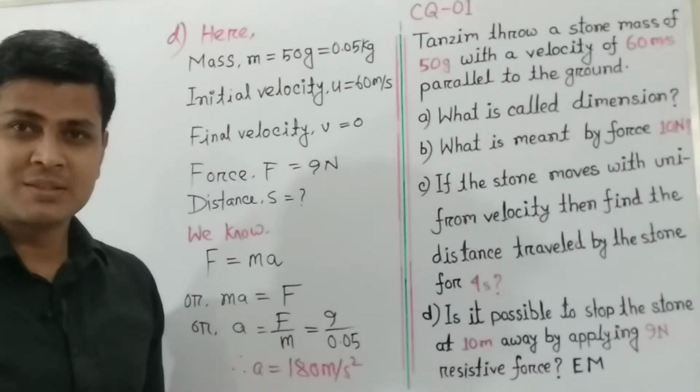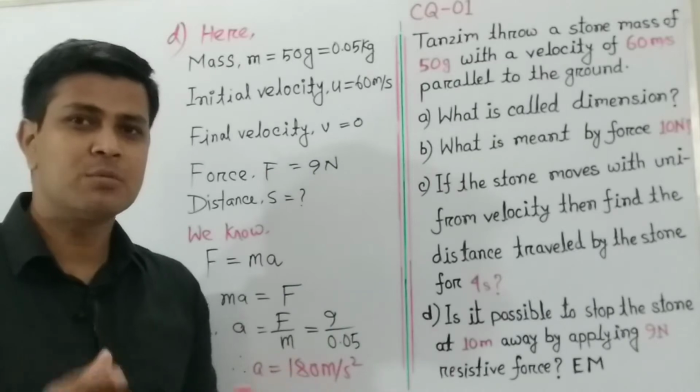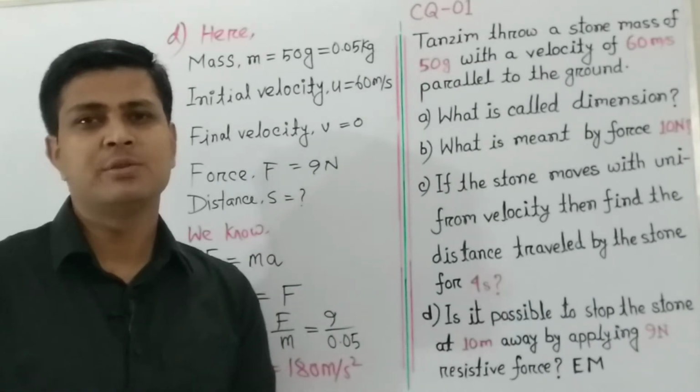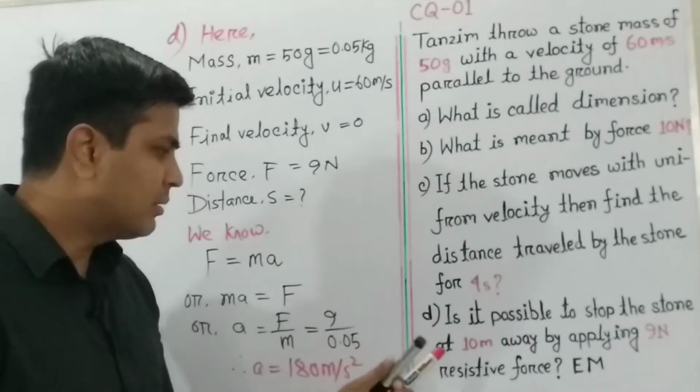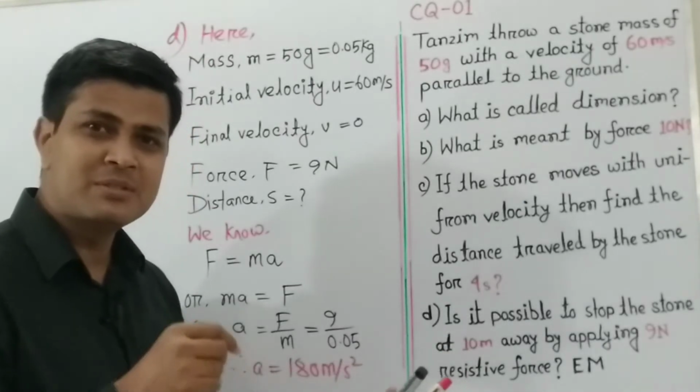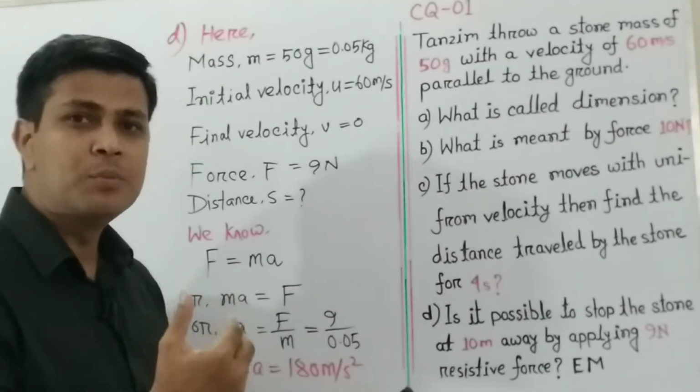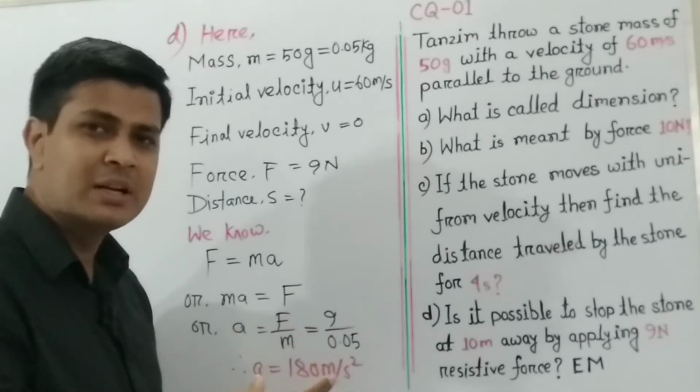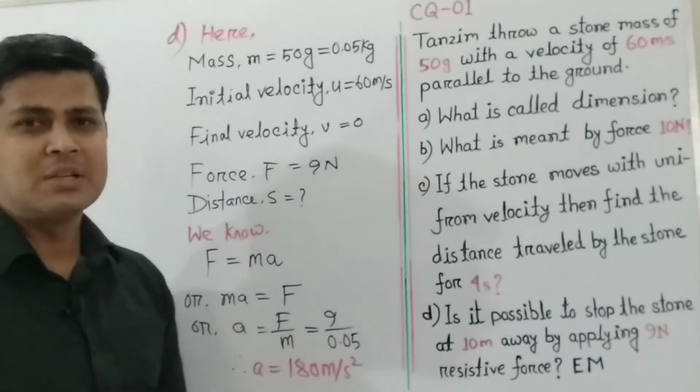And now we are going to calculate the distance, and we have quantities a, u, v and s. So our formula will be v square equals u square plus 2as. But here the resistive force is applied, that means the velocity of the stone will be decreased. So we can say here the deceleration will take place.